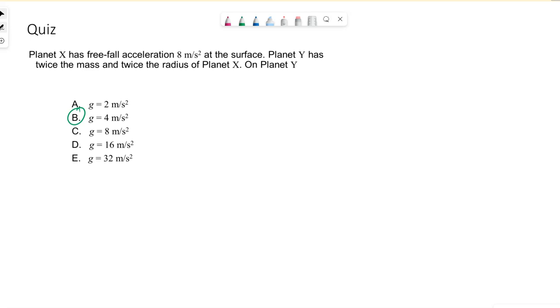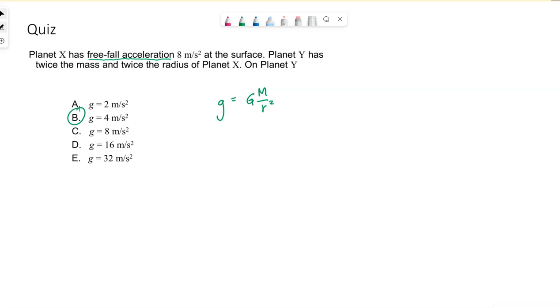Correct answer is B. Now, free fall, remember we're talking about the acceleration of gravity. So ultimately, we can say that the acceleration of gravity is equal to capital G, the constant, times the mass of the planet, over the radius of the planet squared, when we're talking about the acceleration of gravity on the planet.